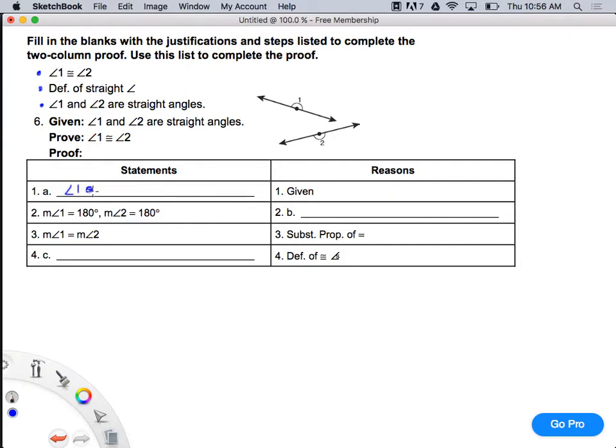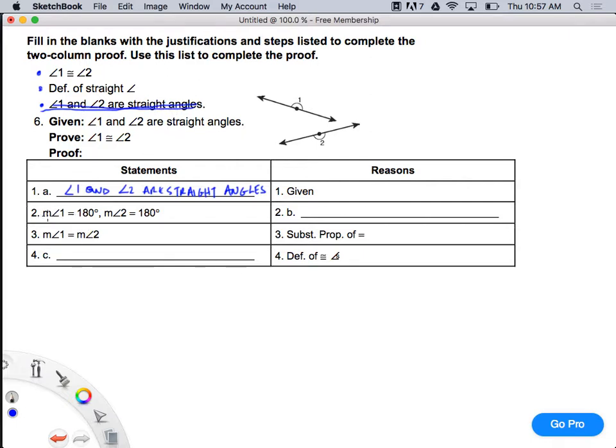Angle 1 and angle 2 are straight angles. Okay? So we can cross that out because we've already used it now.